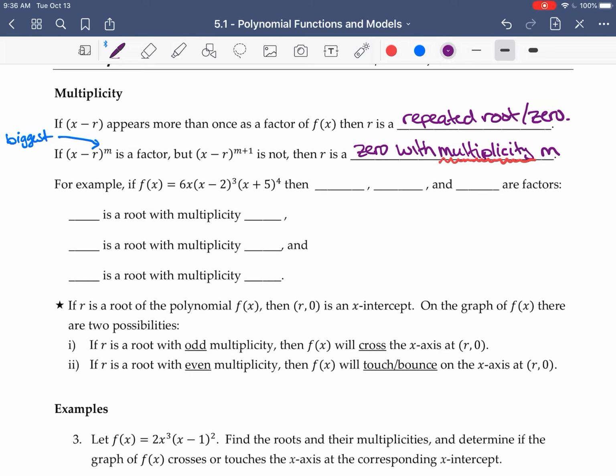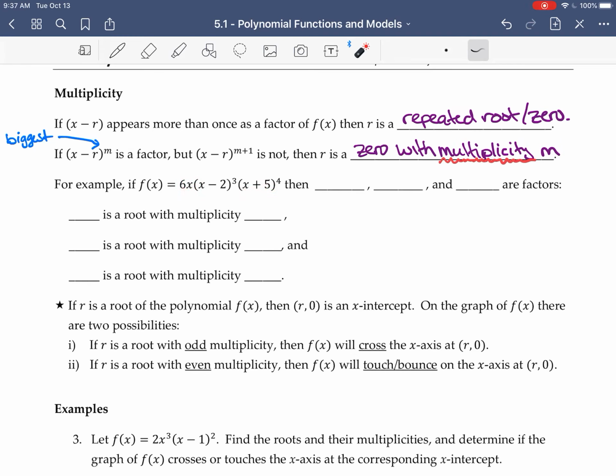Okay, so let's do an example here. When it's factored like this, you don't have to really worry about this property. It's just to the power that it occurs. So what are the factors? I have definitely x − 2 and x + 5, but I also have this x.